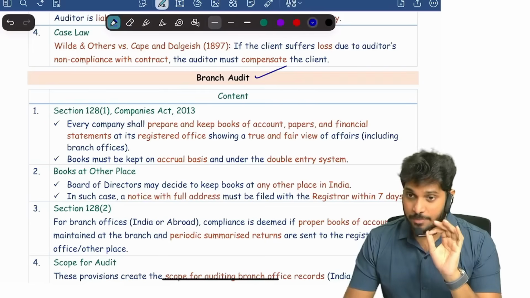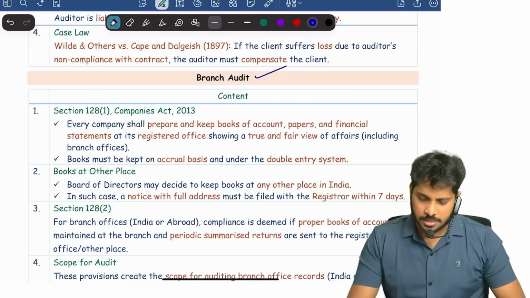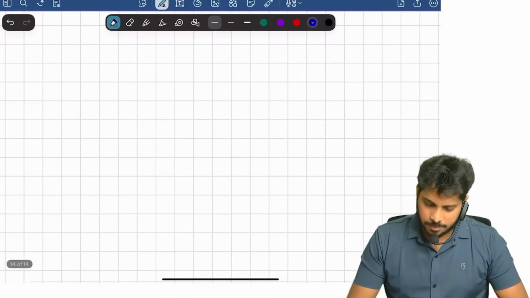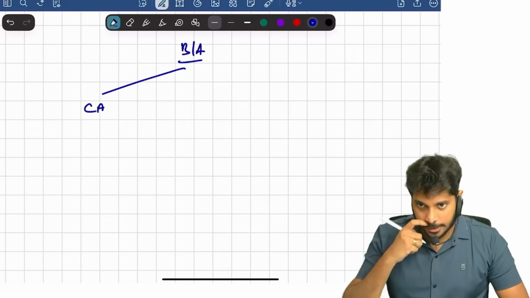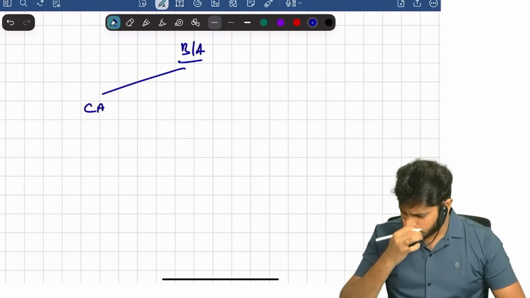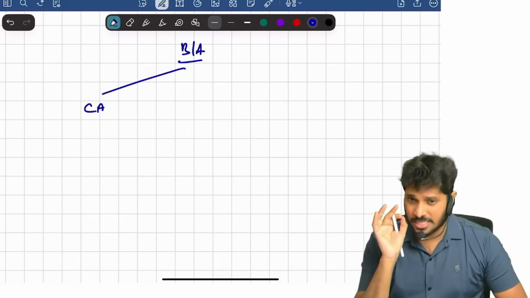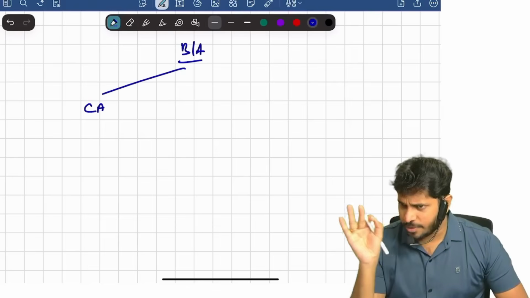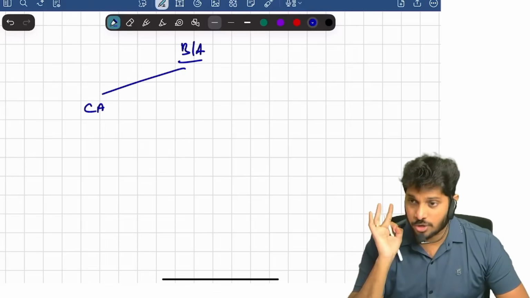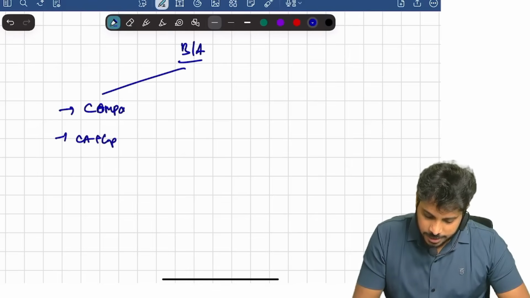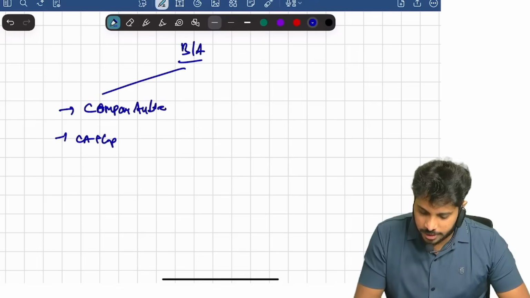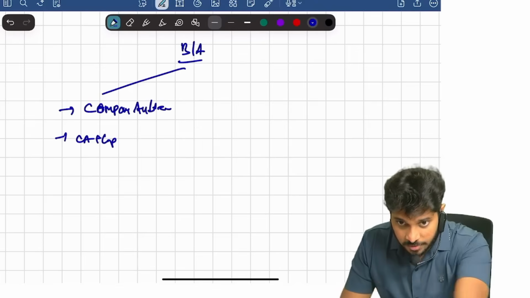The branch auditor must be either the main company auditor. Sorry, the branch auditor must be the same company auditor. The company auditor himself is branch auditor by default, or a separate chartered accountant with certificate of practice can be appointed exclusively for that branch.